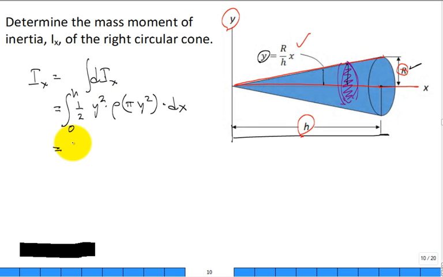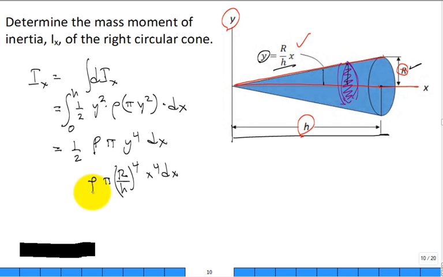All right, so let me do the 1/2. Now for the y, we substitute, well, first of all, let me play with it. Y to the 4th dx. But y is equal to a function of x. So we're going to pick up the R divided by h to the 4th. We'll pick up x to the 4th dx, pi rho 1/2, and we integrate from 0 to h.